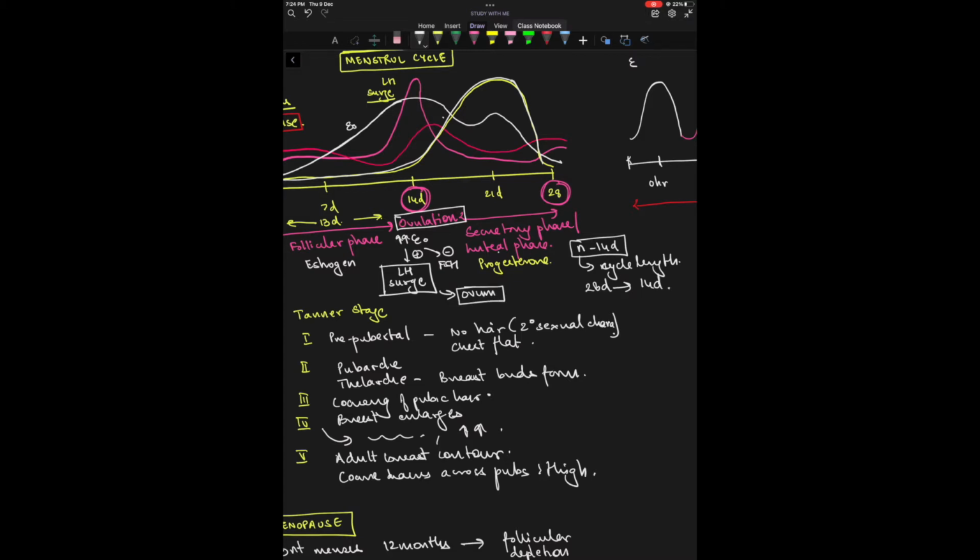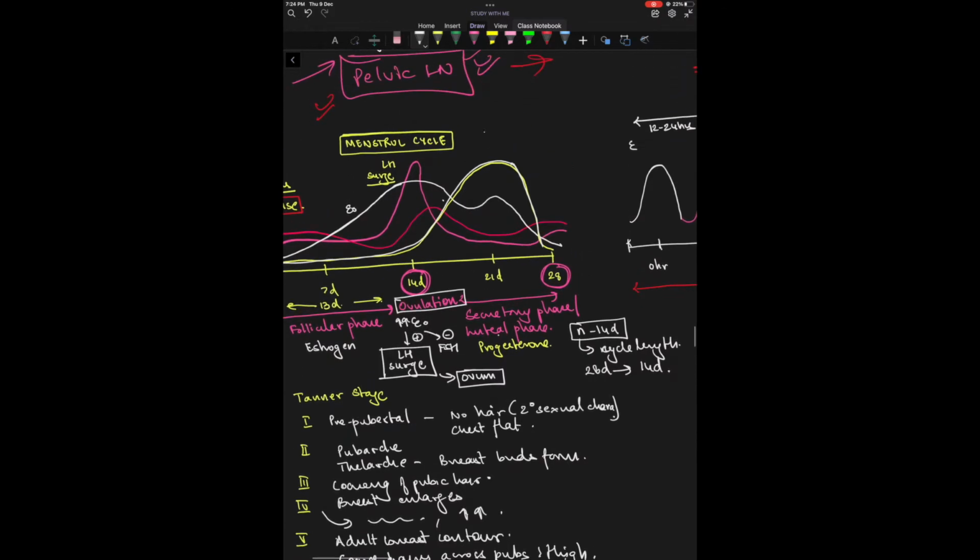This ovum travels to the fallopian tube and fertilization will take place if sperm is also present. Right. The follicular cells that haven't ruptured differentiate into the corpus luteum.